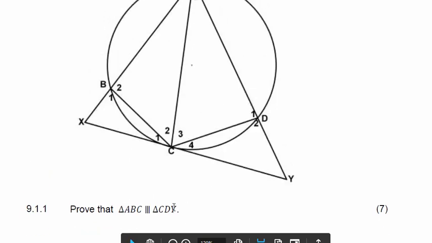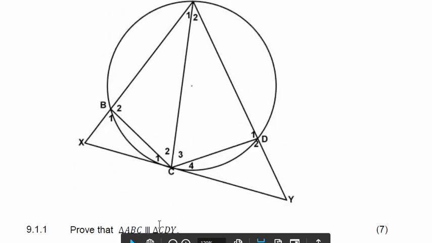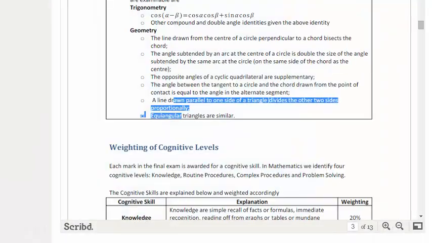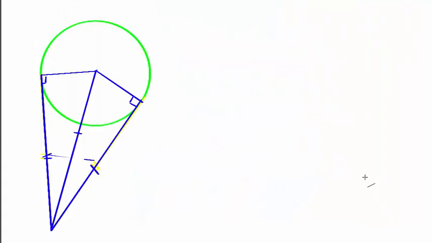So let's go and do this first one, even though we've not looked at similarity at all. All it's asking me is to prove that A is equal to C, B is equal to D, and C is equal to Y. Is that okay? So I'll show you the triangle just now.